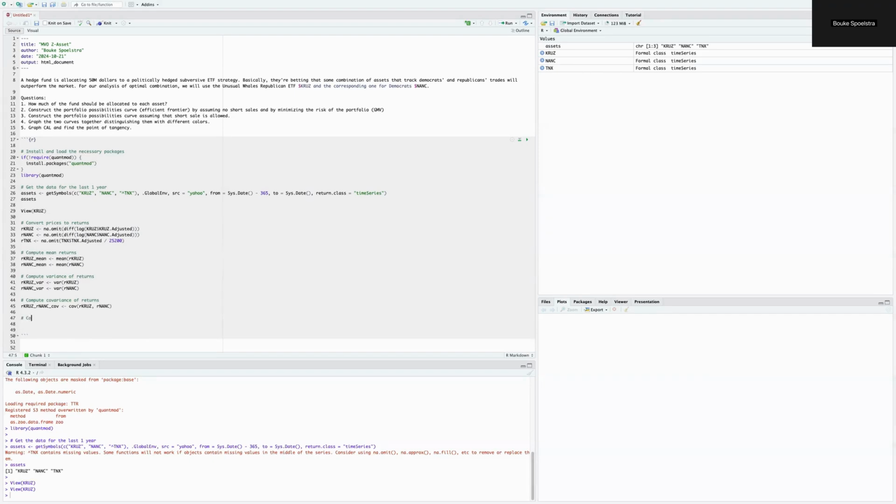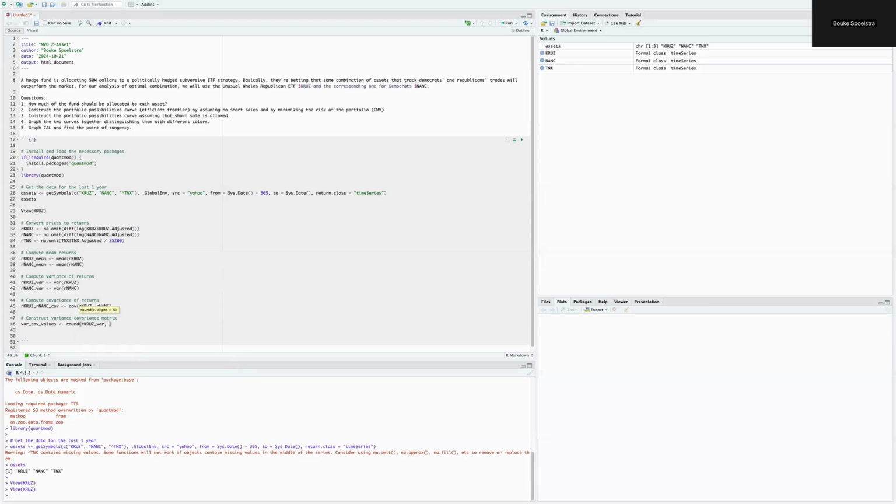So now we'll construct the variance-covariance matrix. So the variance-covariance values, and we'll use round to just round these numbers.